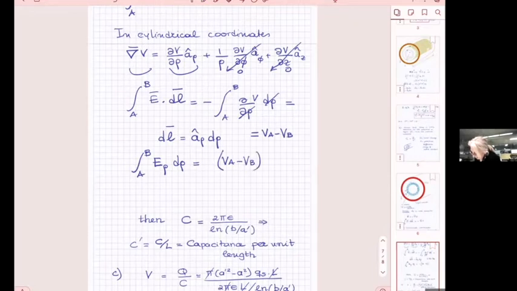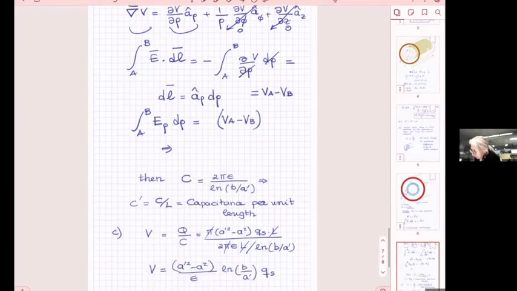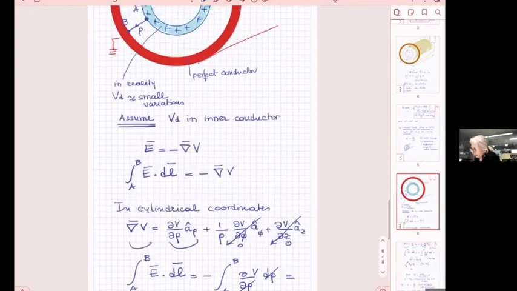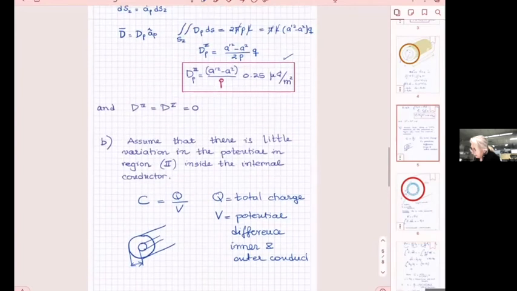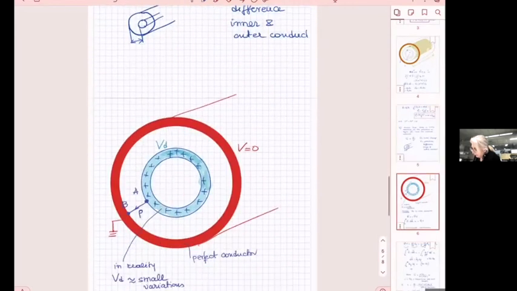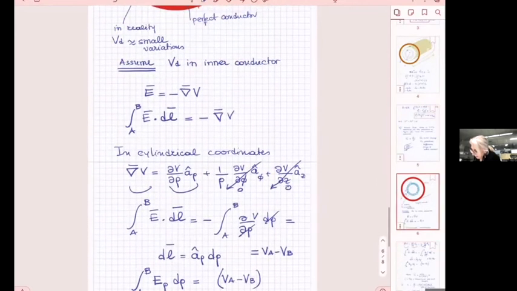Because E sub rho is not constant from A to B, we found it, that is going to be 1 over rho. So how much we found it? Here, it's 1 over rho. So practically, I'm going to rewrite it here.